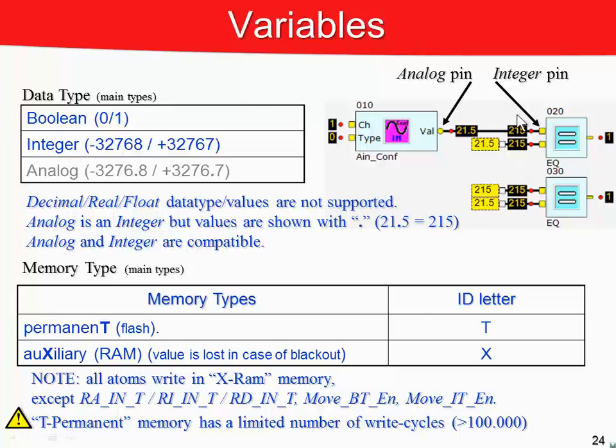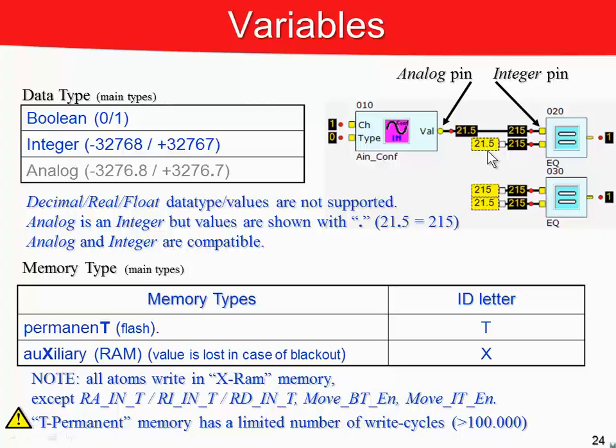So you can also see here in the screenshot, if you compare a value 215 with constant 21.5, the result is the same, because, as you can see here, the dot is just a graphical sign.